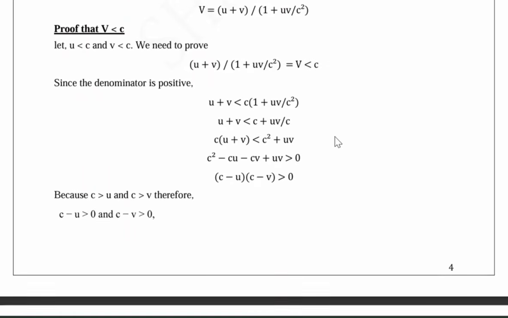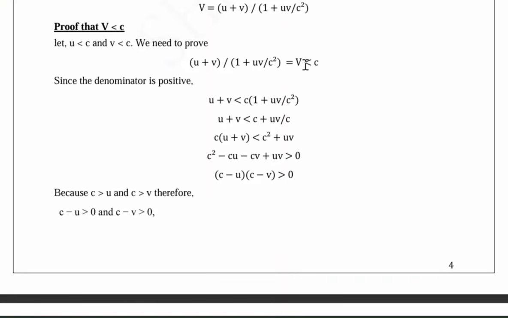Now we have the simple formula. Doing some mathematics, we get this reduced form, that is (c minus u)(c minus v) is greater than 0.